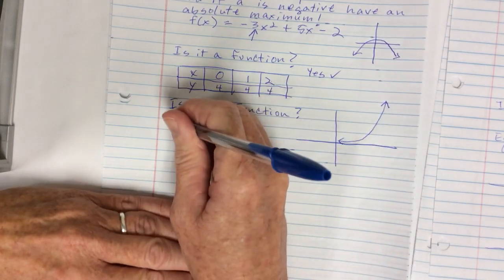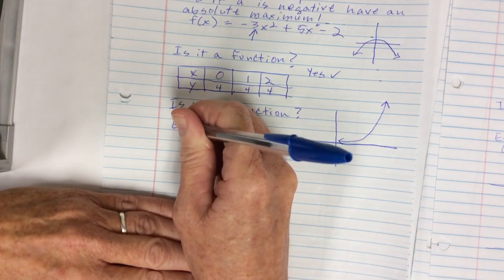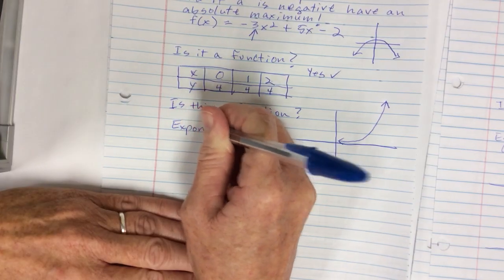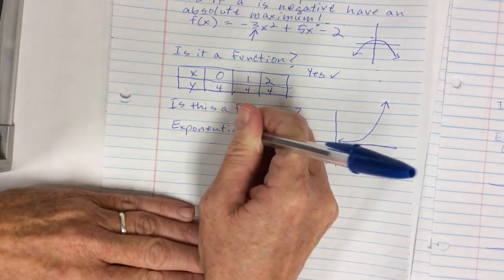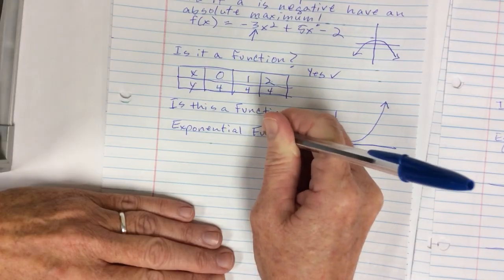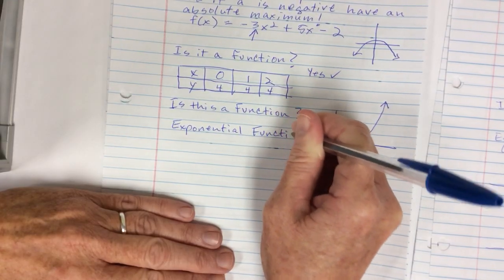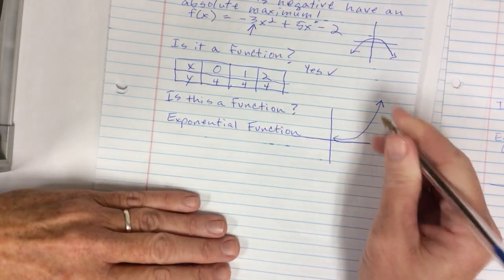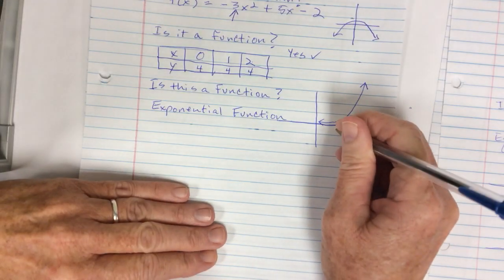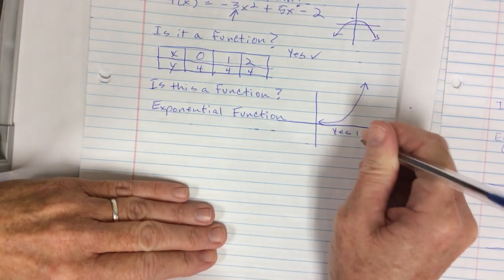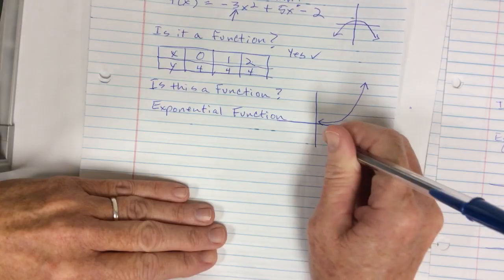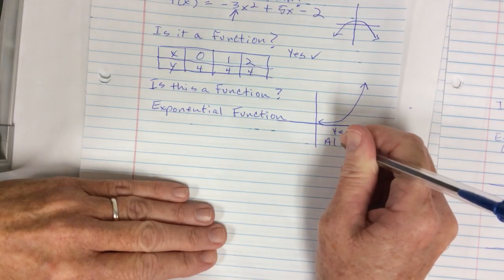This is an example of an exponential function. And it might also go down, but right now I just drew it up. This is always a function. Exponential functions are always a function. Yes, always.